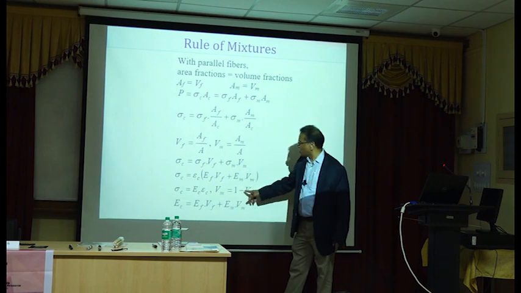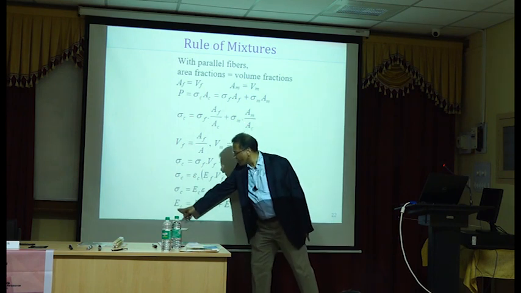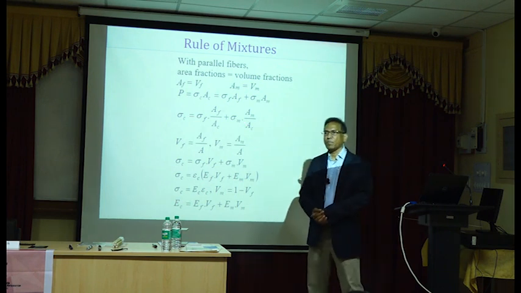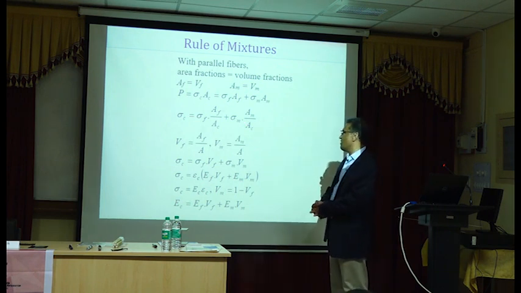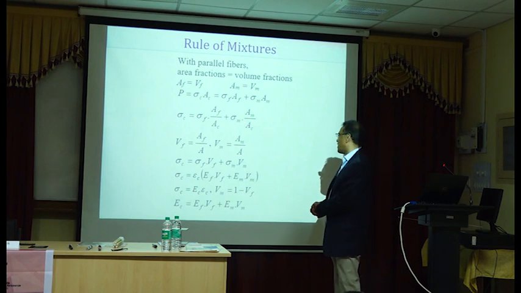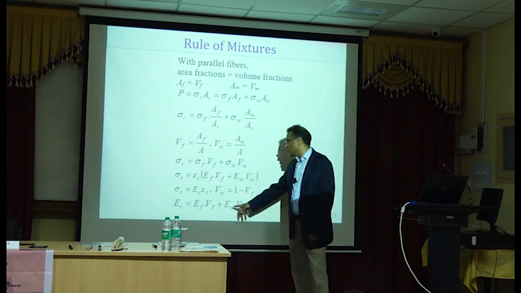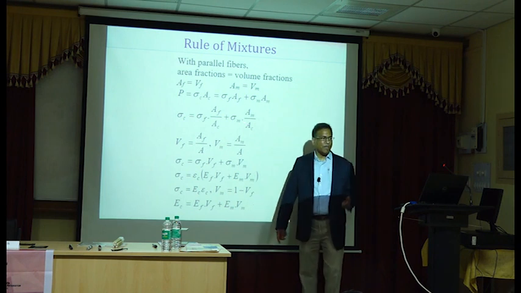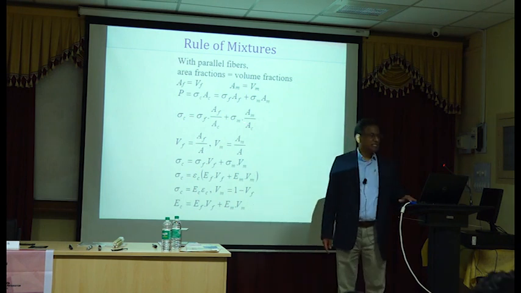We said VM equals 1 minus VF, and based on that, we have EC. EC is the modulus of the composite, okay? Equals EF, which is the modulus of elasticity of the fiber, times VF, the volume fraction of the fiber, plus EM, the modulus of the matrix, times VM, the volume fraction of the matrix.